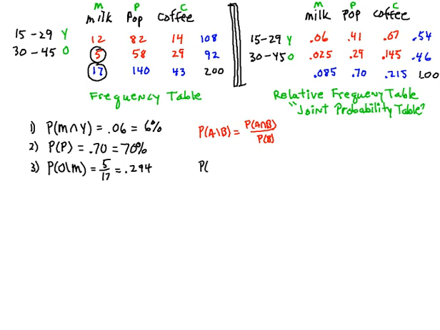It's not always as clear when you're using the formula, but I could have just used the formula to calculate this. The probability of O given M is the probability of O intersect M divided by the probability of the given event, in this case M. And looking at the joint probability table, the probability of O intersect M, that's 0.025 divided by the probability of M. So this is 0.085.